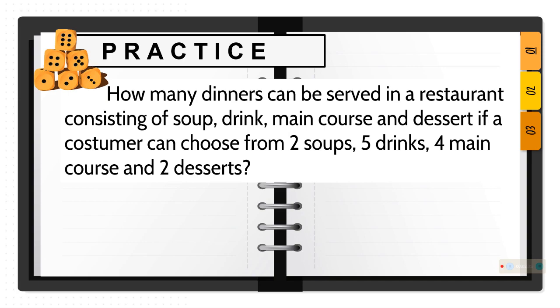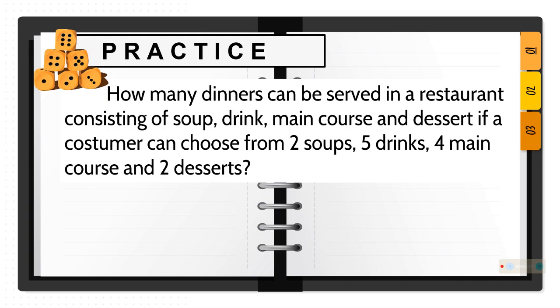Okay? So what are you going to do? So you are going to multiply the number of soups by the number of drinks, by the number of main courses, and the 2 desserts.